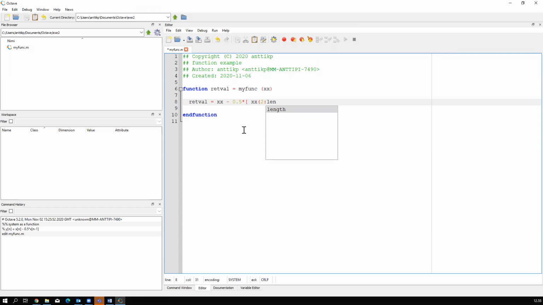I'm always getting confused about that one. Length of XX and then add 0 to the end, since we don't know the, wait a minute, XX2, sorry, yep.